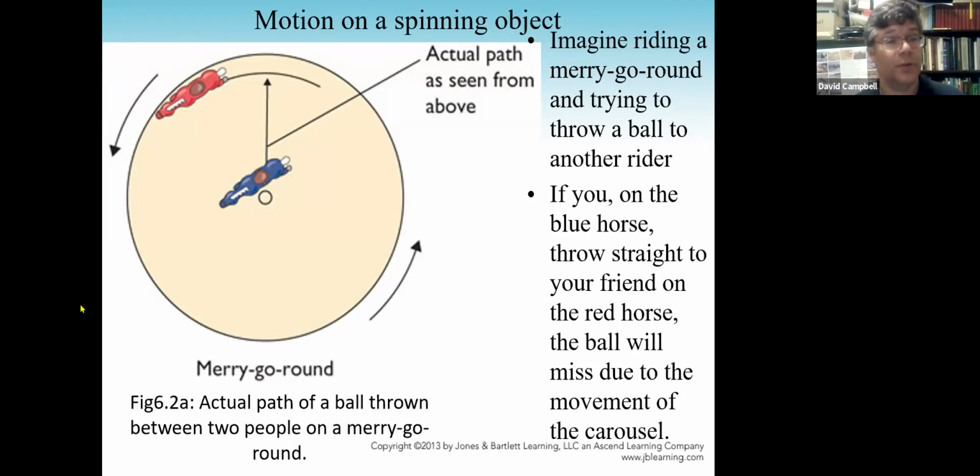If you were in a position like here with the blue horse, trying to throw a ball to your friend on the red horse, if you threw towards where they were to start with, by the time the ball gets there, the horses move forward and the ball will be behind.